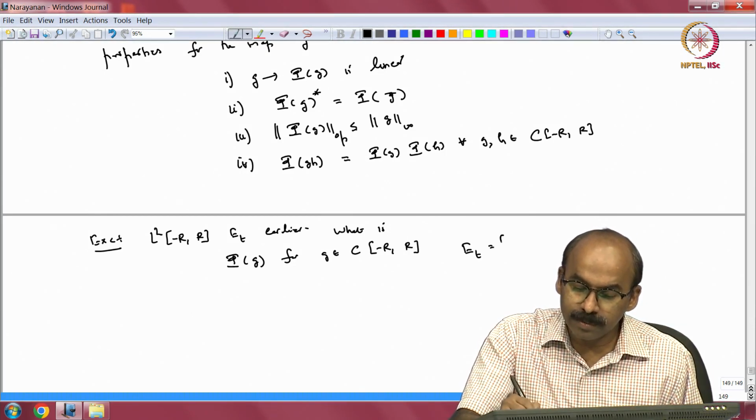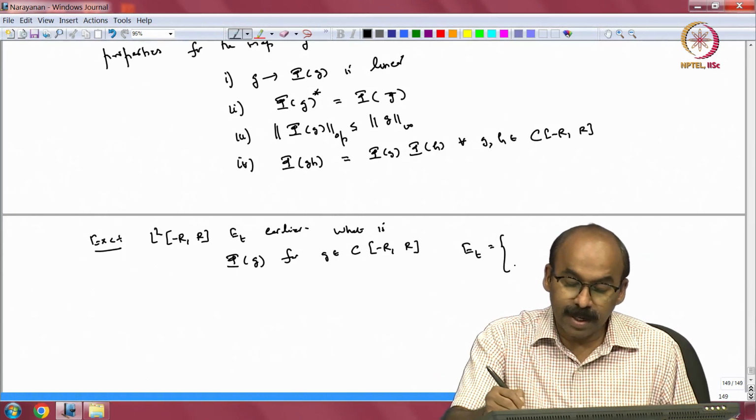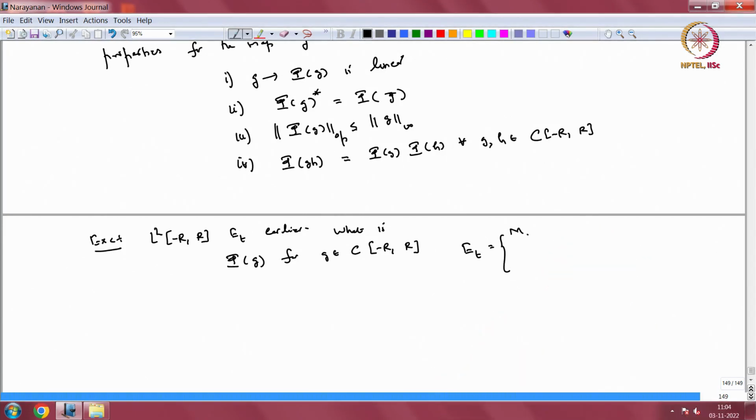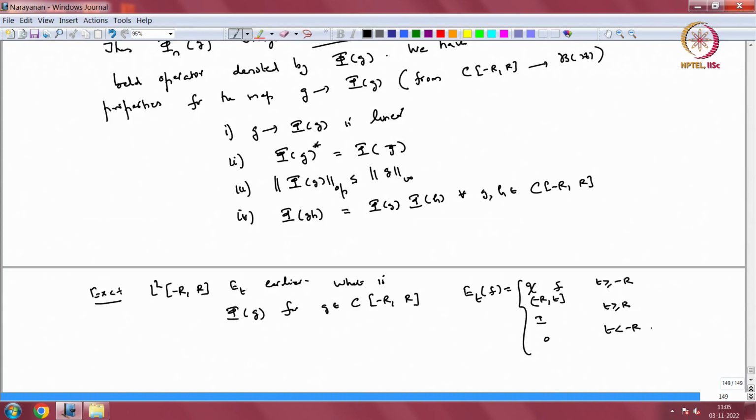E t of f is the indicator of minus r to t times f for t greater than or equal to minus r, identity if t is greater than or equal to r, and 0 if t is less than minus r. That is how this was defined. So, you can try to compute this.